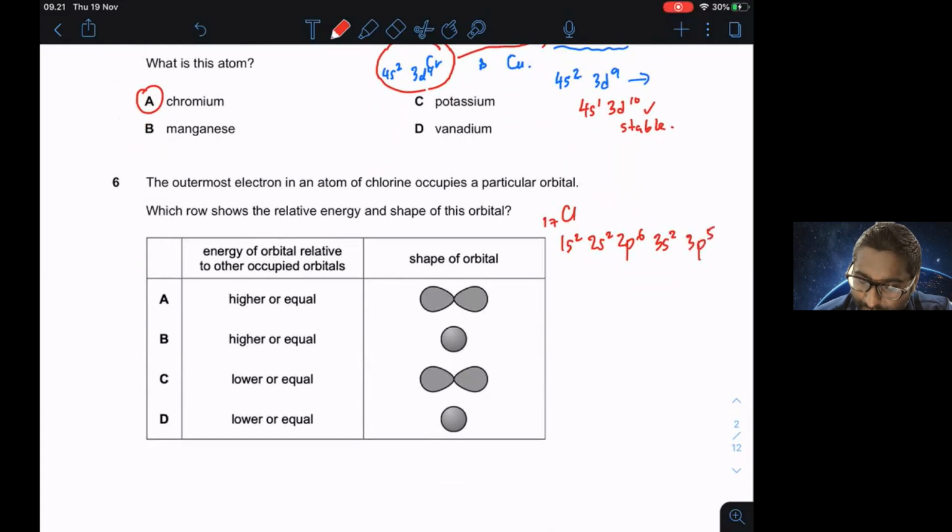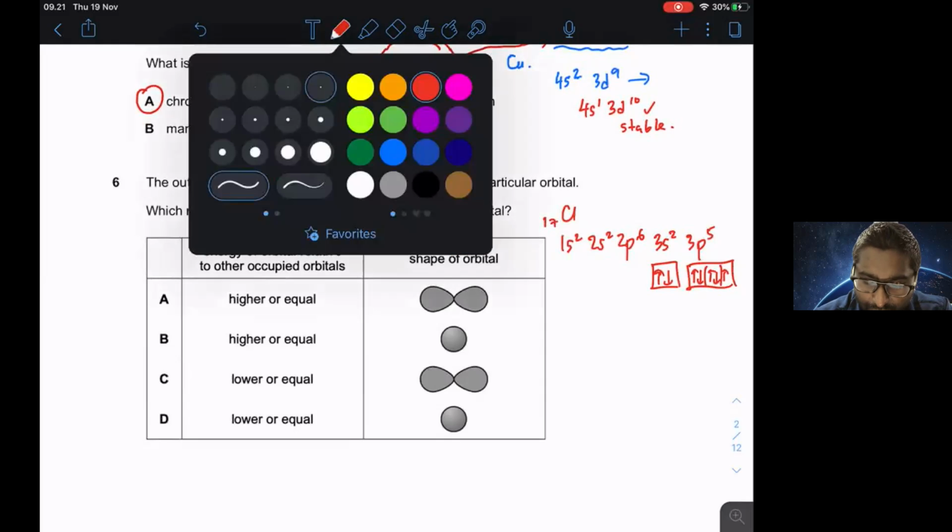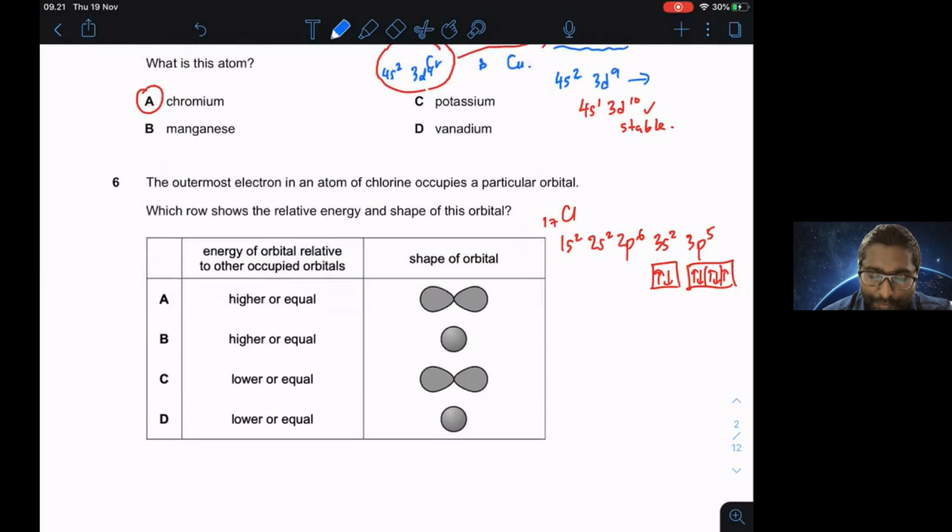So 3s has 2 electrons and 3p has 5 electrons. When they mention orbital, the outermost electron occupies a particular orbital, and which one shows the relative energy and the shape of this orbital.